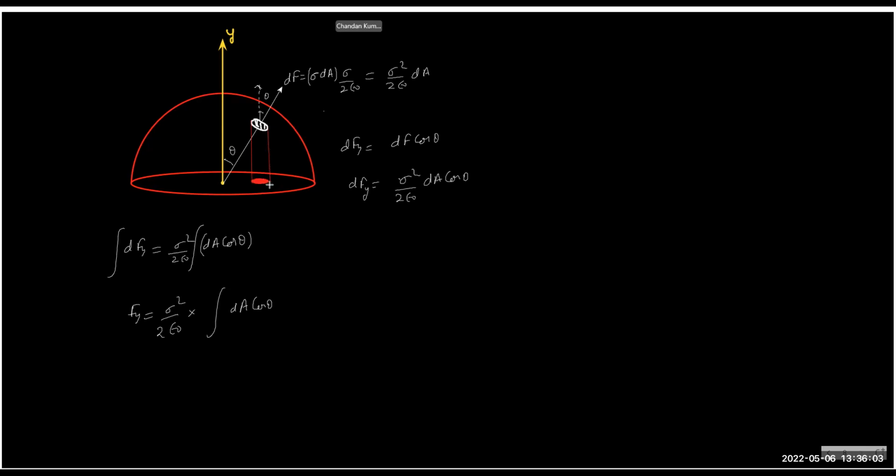This is the shadow of the patch here. The component, or you can say shadow. If I take the shadow of every patch, it must cover the entire base, isn't it?